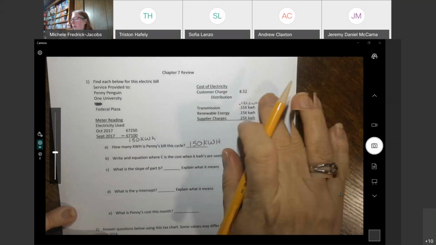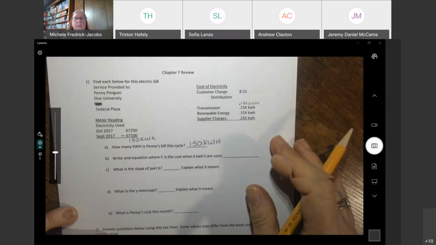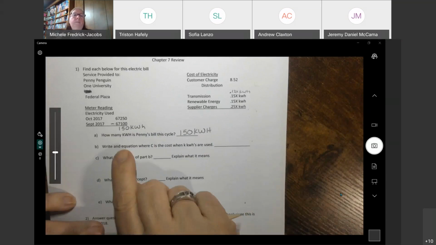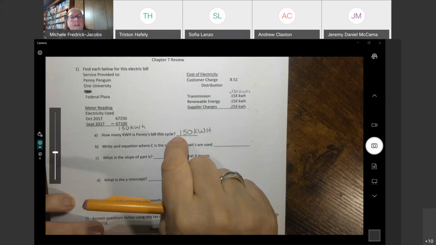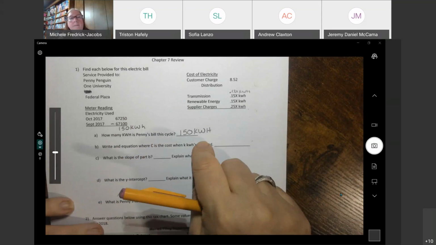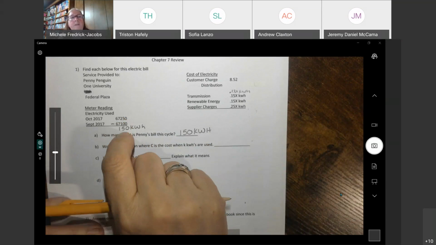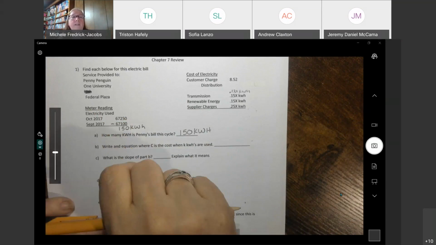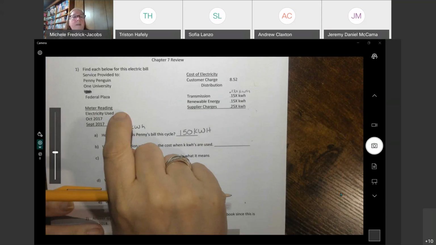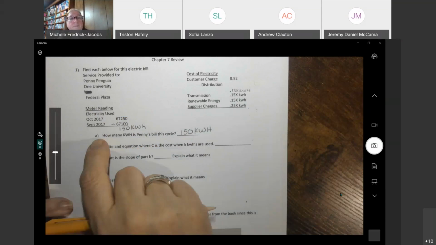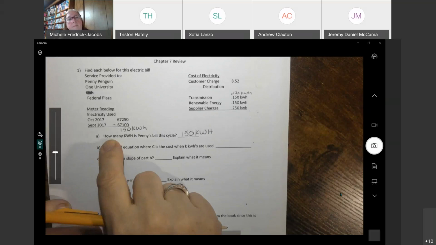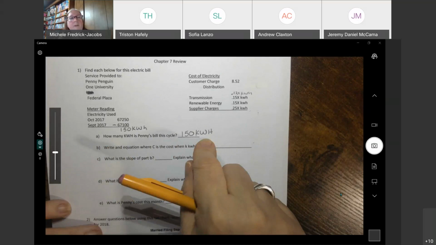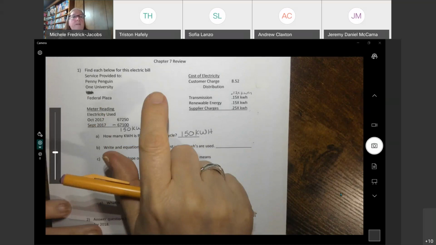You can pay it per use. But are there any questions on getting the kilowatt hours? You can even read your meter reading and then the next month see when the bill comes and see if it matches. So that's the kilowatt hours that were used in the month of October.